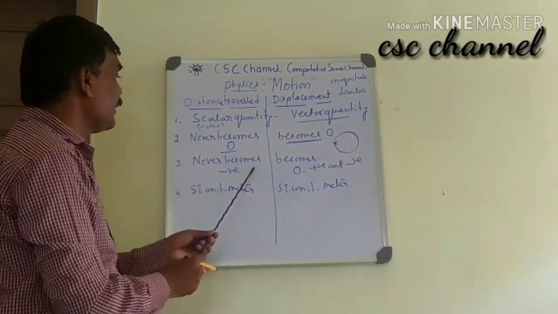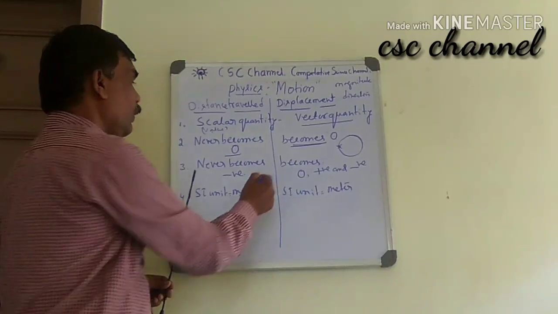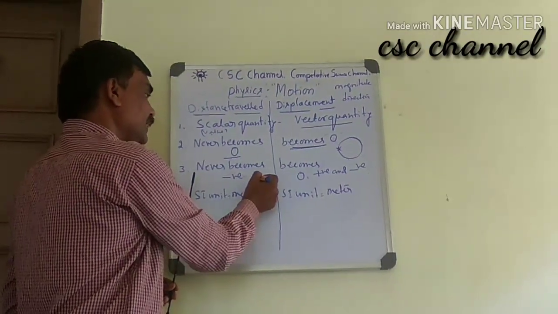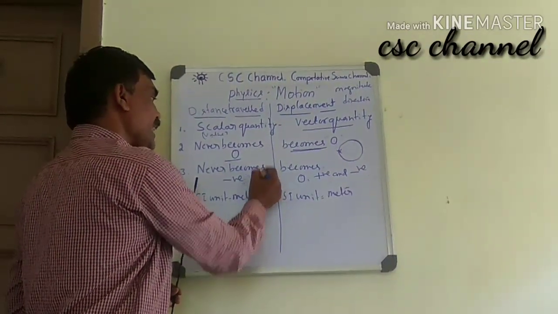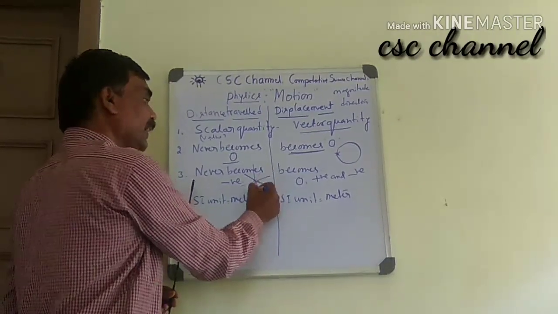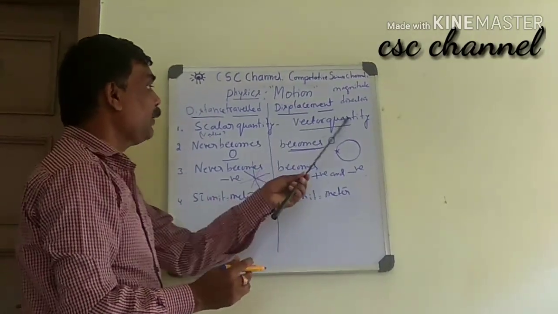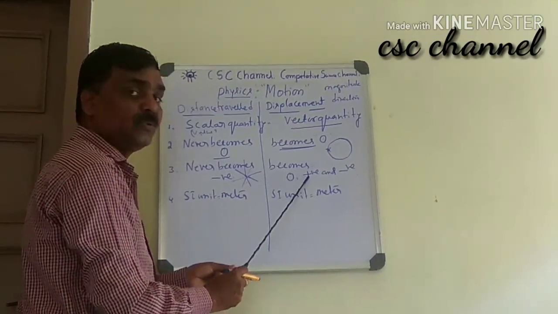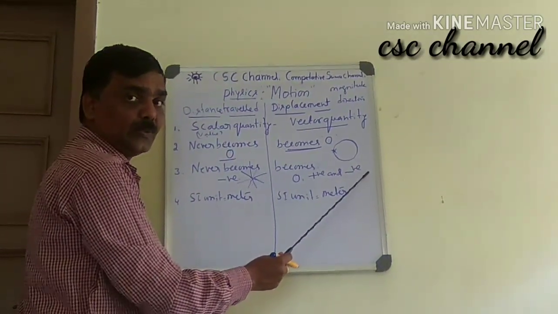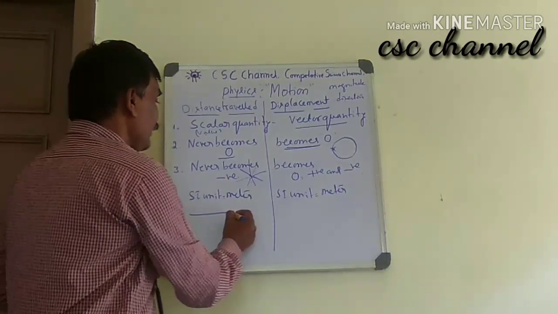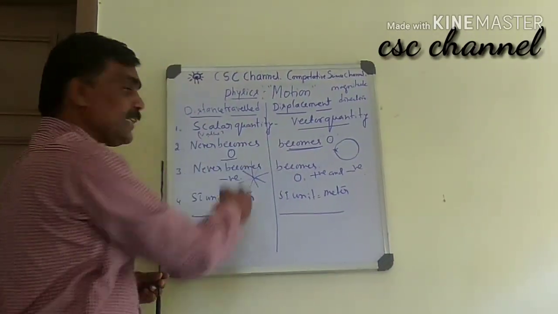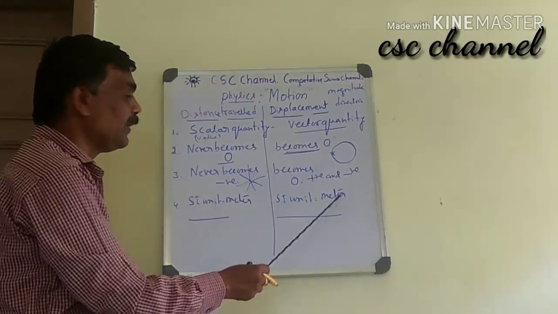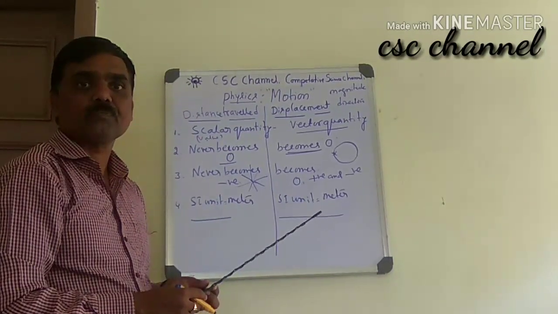Thirdly, distance traveled never becomes negative. So wherever you measure, the distance traveled never becomes negative. But displacement can become zero, can become positive and can become negative. The SI unit of both distance traveled and displacement is meter.